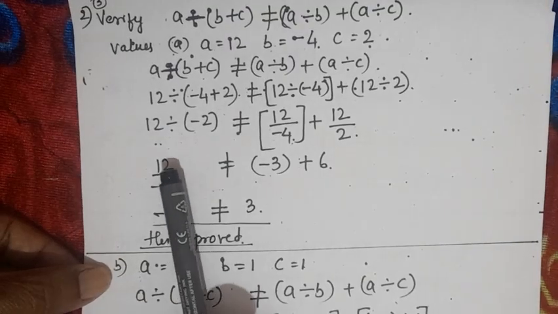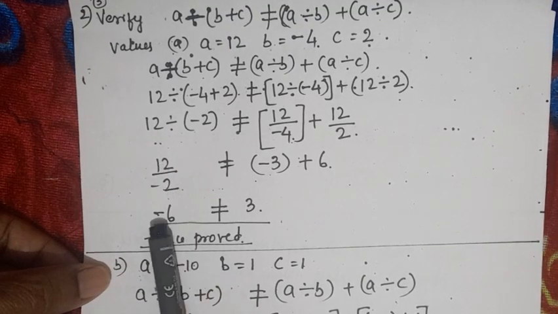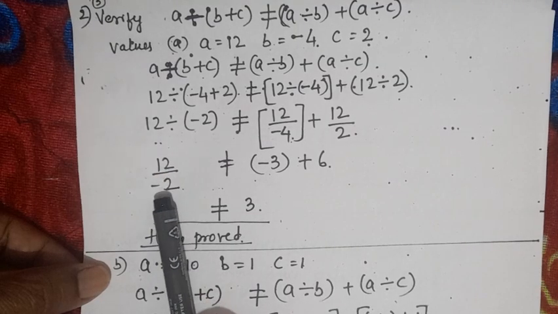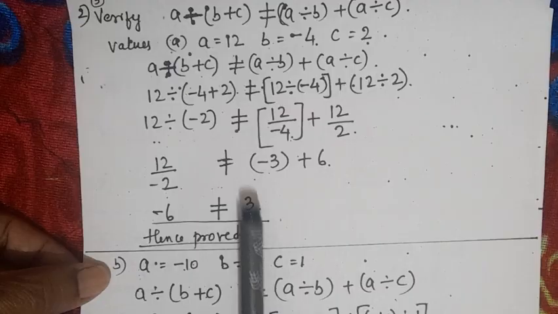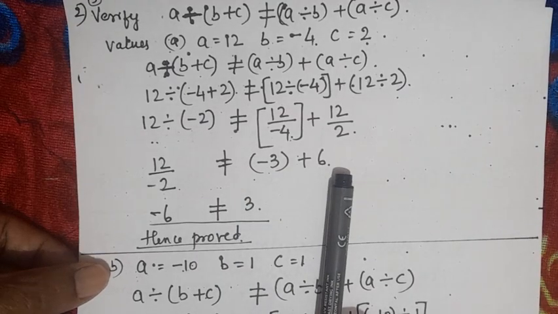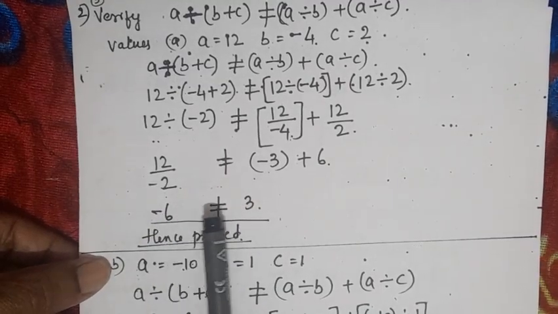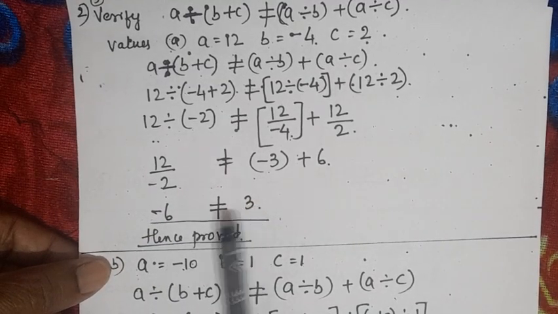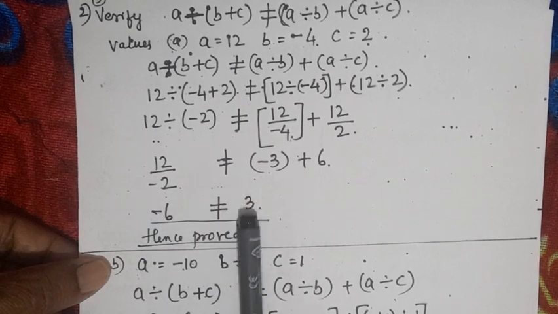Now you divide the left side also. 12 divided by minus 2 is minus 6, because plus divided by minus is minus. Minus 6 is not equal to minus 3 plus 6, which is equal to plus 3. So minus 6 is not equal to plus 3. Hence it is proved.